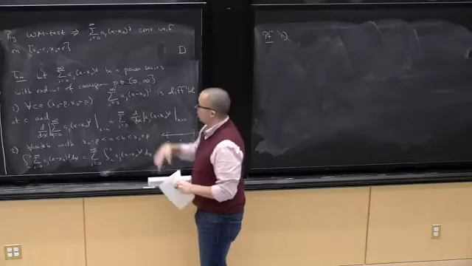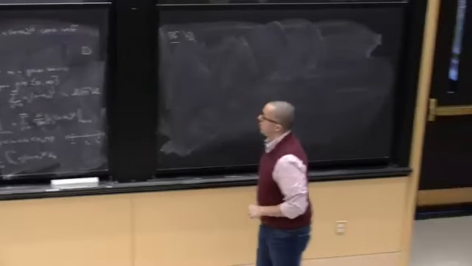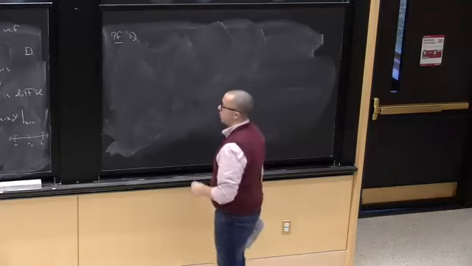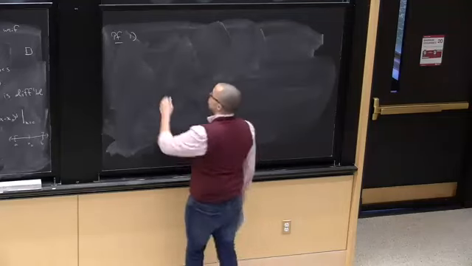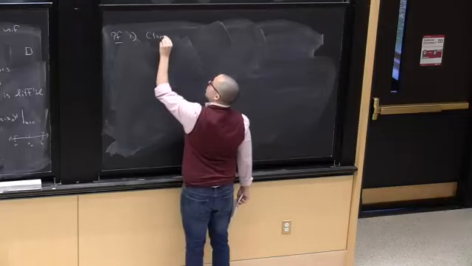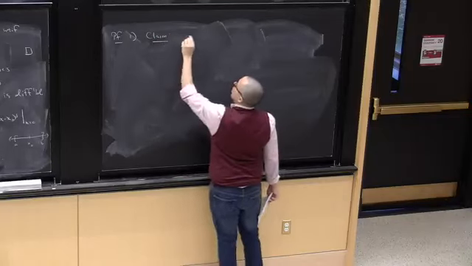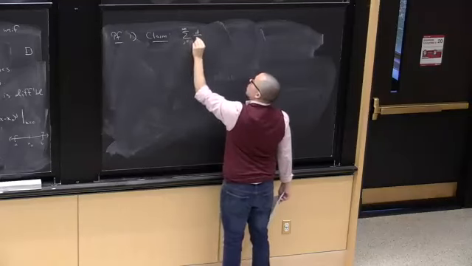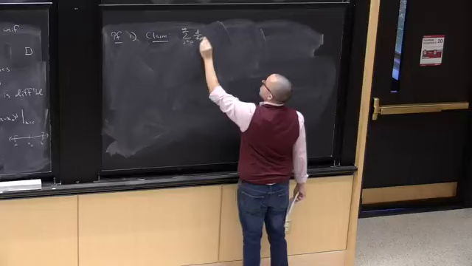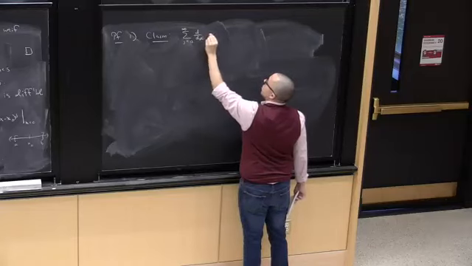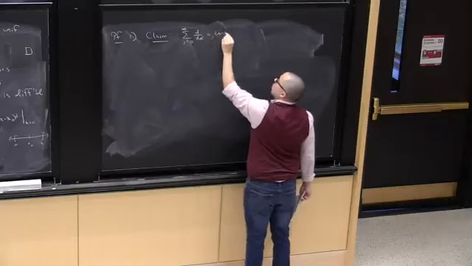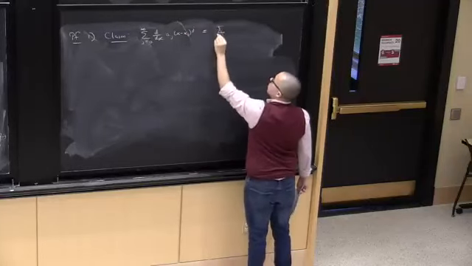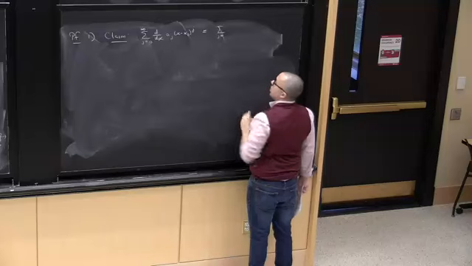So we need to check to see if the formal derivative also has radius of convergence equal to rho. So I claim that the radius of convergence of the derivatives, which equals, I can write it this way.